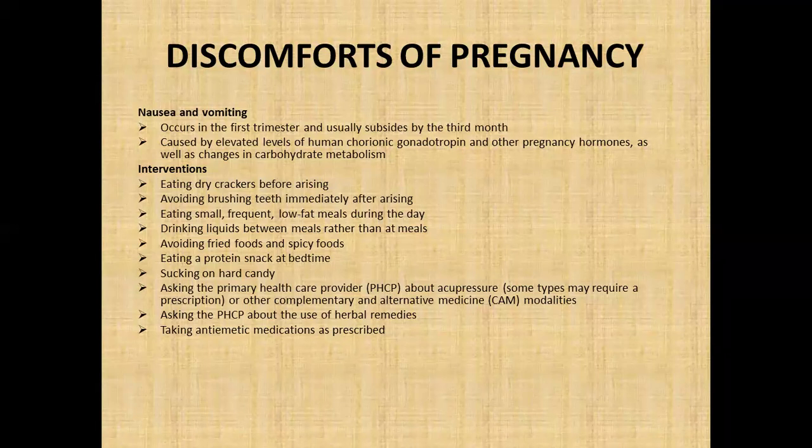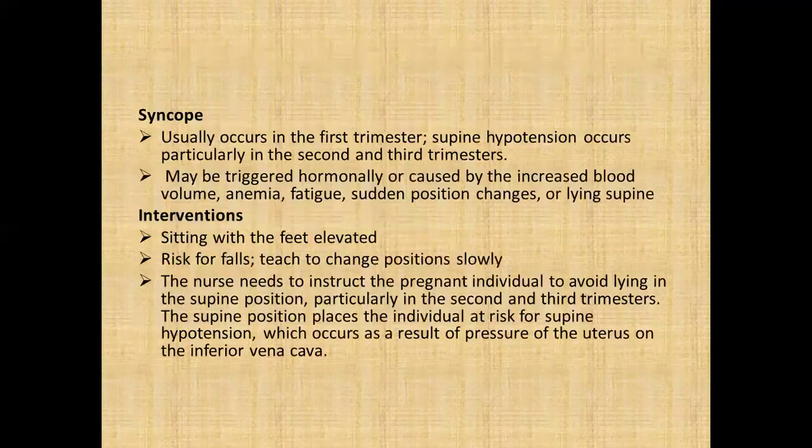Then, taking antiemetics. When it comes to antiemetics on the NCLEX, one of the common ones you see in your exam is ondansetron. I always make mention of ondansetron. Down here you see more of metoclopramide and all that.